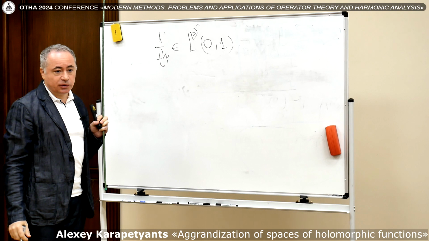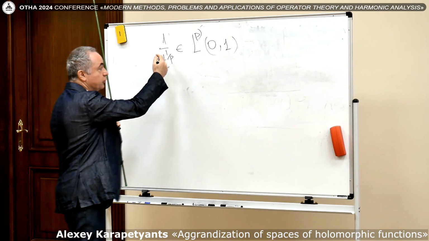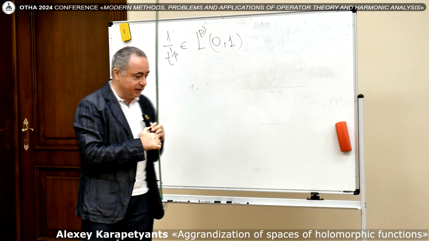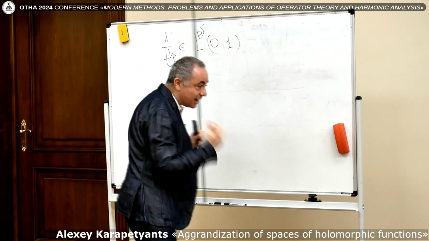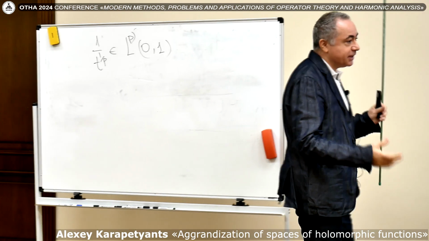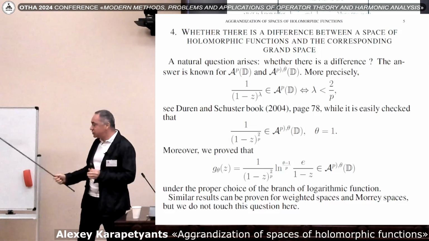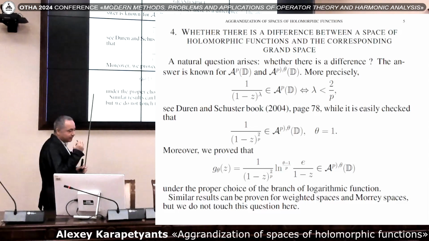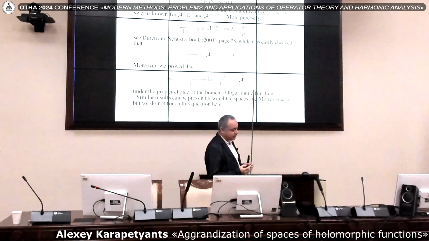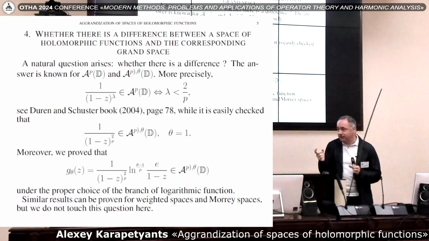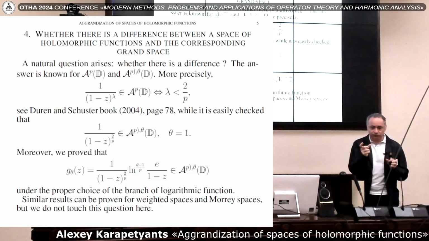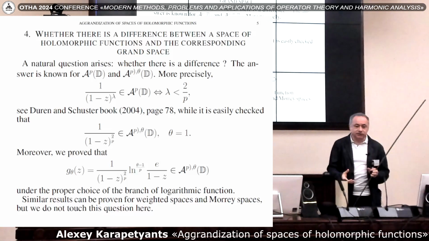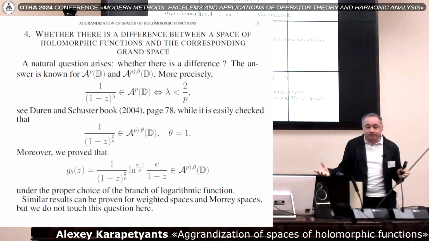Of course, this function does not belong to regular L^p, because 1 over t is not integrable. But you may ask, okay, this works for measurable functions, for real functions. Holomorphic functions are a very small set inside of measurable functions. Probably inside of holomorphic functions this doesn't work, so maybe there are no examples.